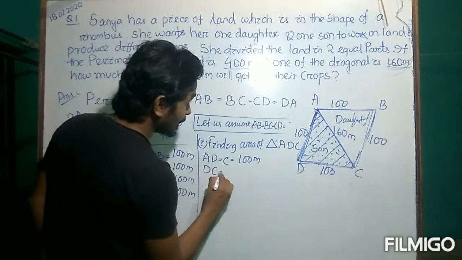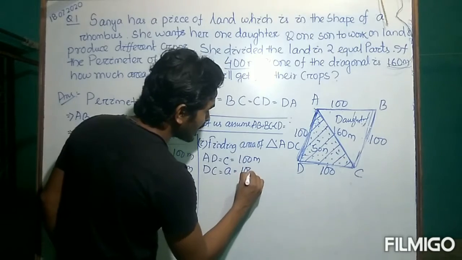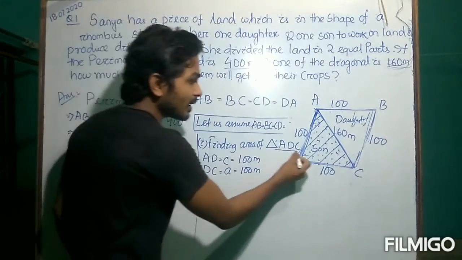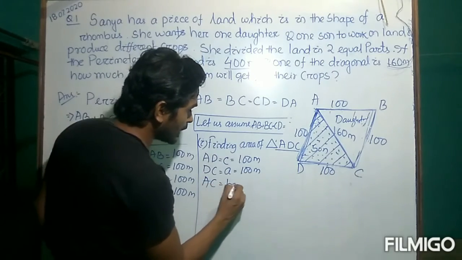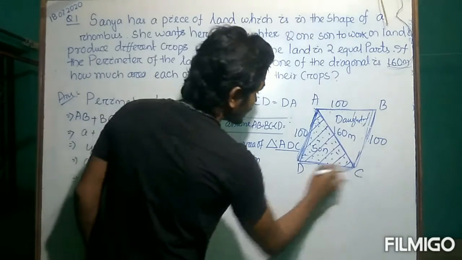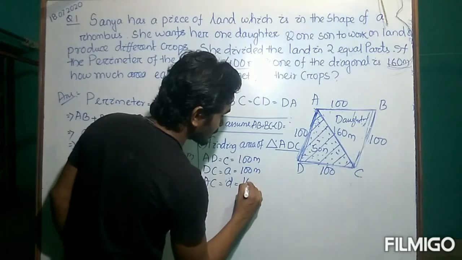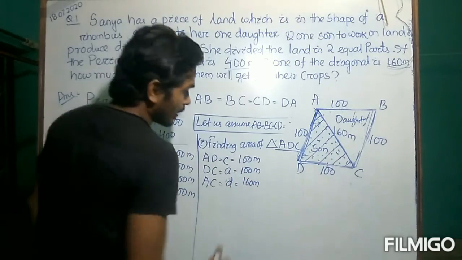DC, which is small a, is 100 meter. And AC, considering only the triangle ADC, is small b, that is 160 meter. Now the three sides of the triangle are confirmed.